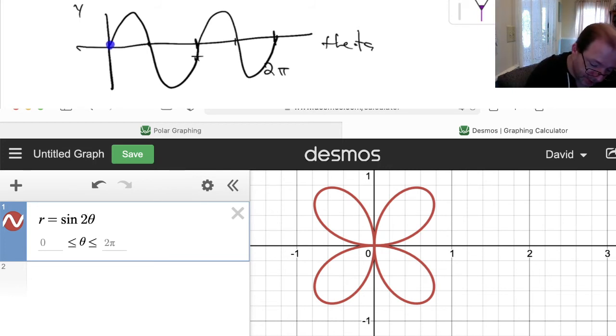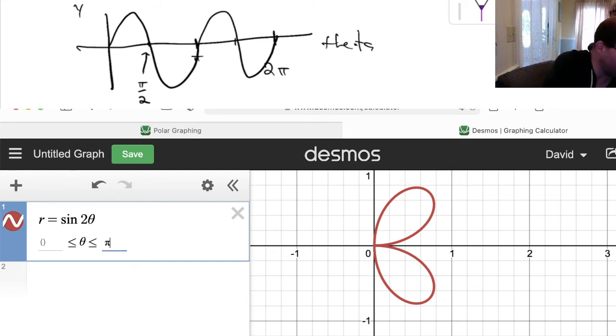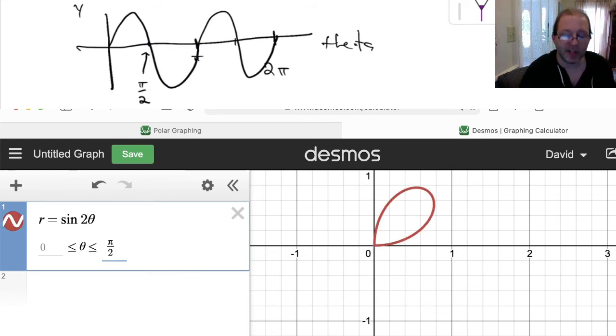We're going to have this part here from 0 to pi over 2. And then we have this part from pi over 2 to pi. So let's go back and just restrict this to just 0 to pi over 2. That gets us that first lobe.